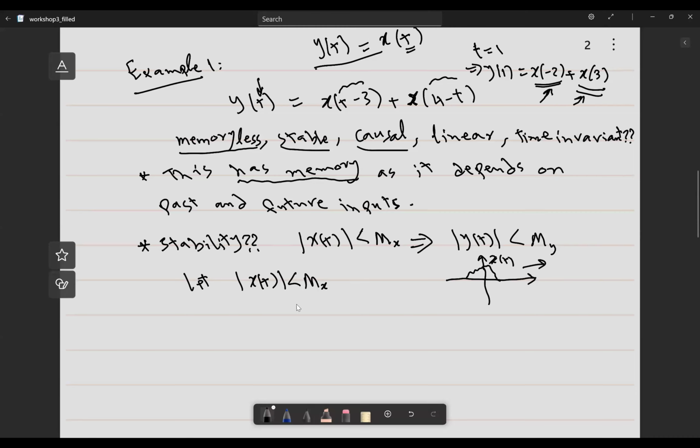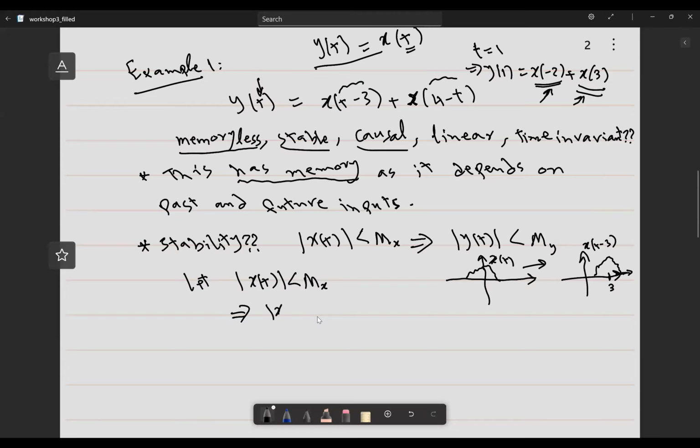And then if we do time shift, it will be the same signal, but shifted, let's say this is 3. So x(t minus 3). If x(t) is bounded, then time shifting or time reversing will keep the signal bounded.